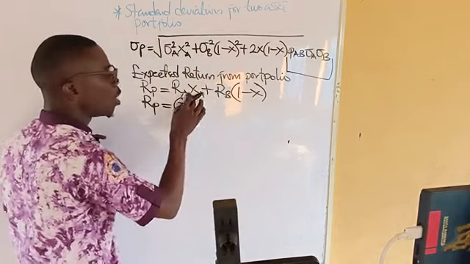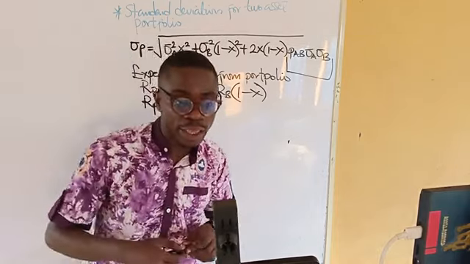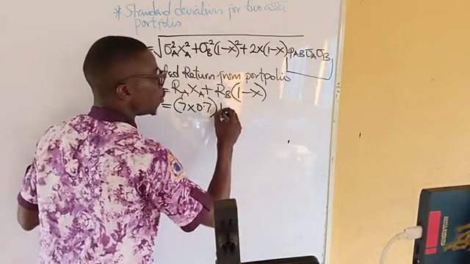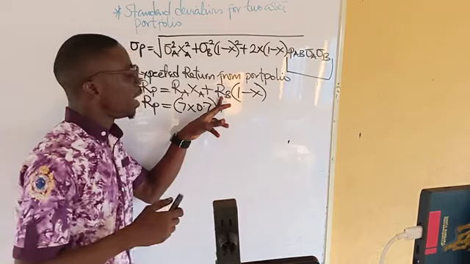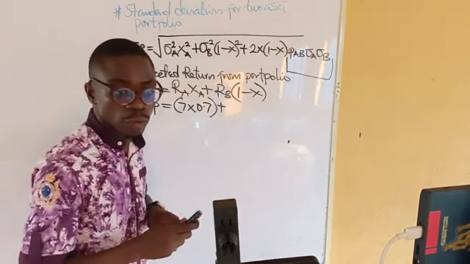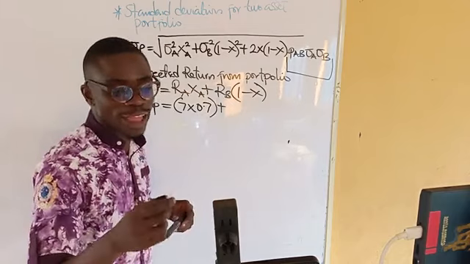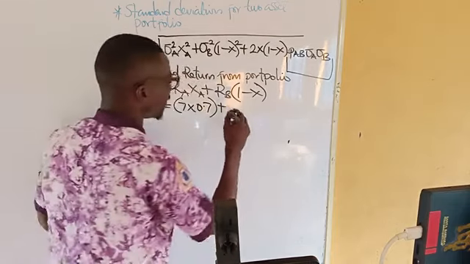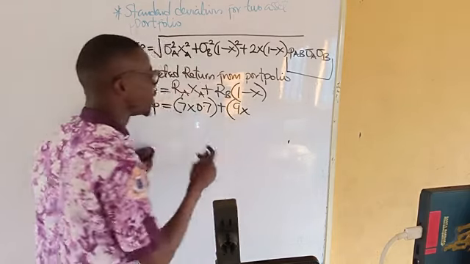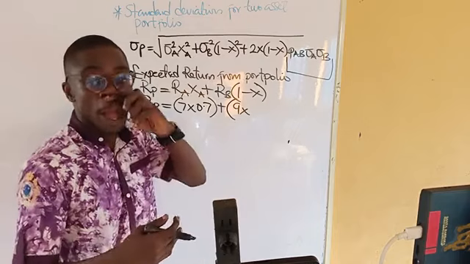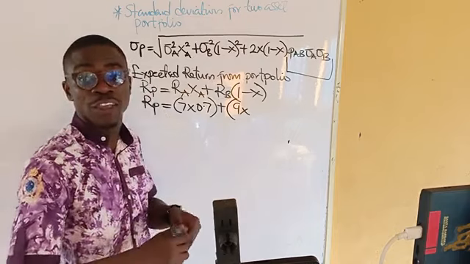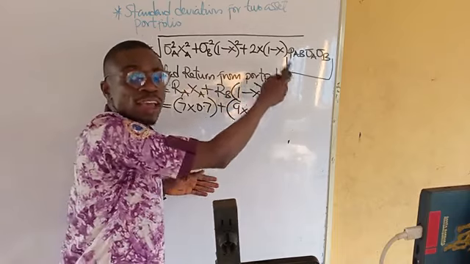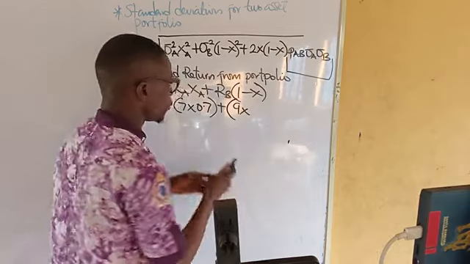So 7 times the weight of investment in A. They have given us 70%, that is 0.7, plus the expected return on investment B, which is 9, times the weight of investment in B, which is 30%. If they don't give it, just say 1 minus 0.7. That will still give you 0.3.